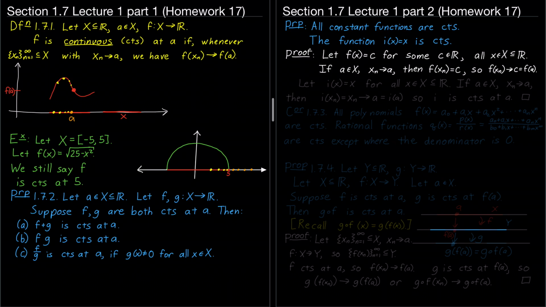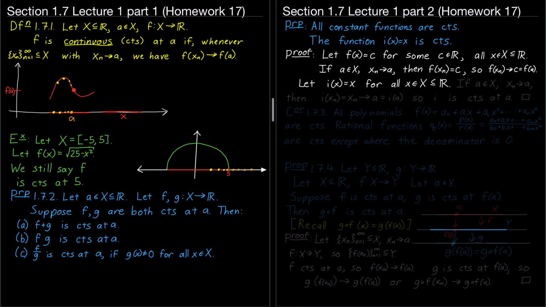Now let's move on to the identity function. So let I of x equal x. And that's true for all x in whatever you want to think of your domain as. Can be all of the real numbers. Sometimes it's convenient to think of it as a subset of the real numbers.